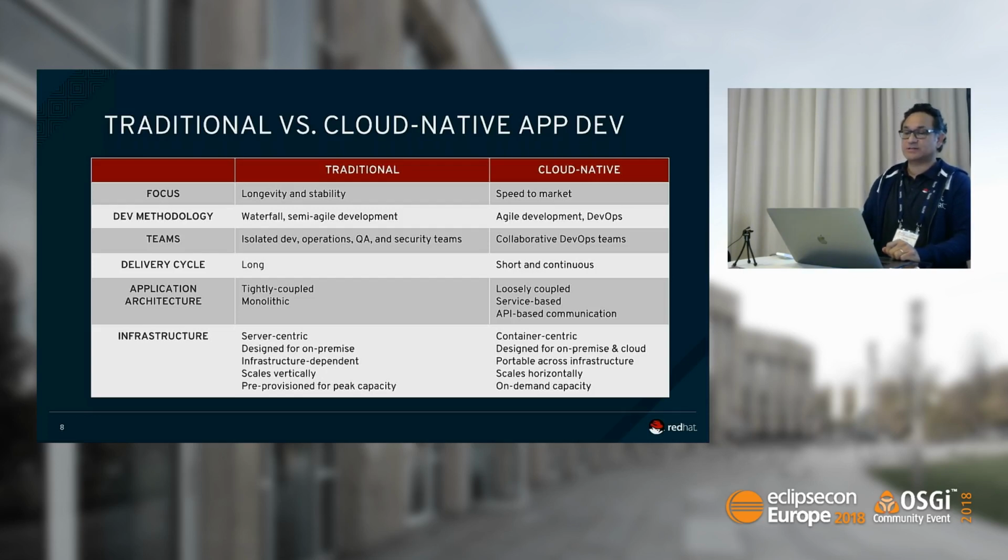The architecture is tightly coupled and monolithic in traditional app dev, whereas in cloud native it is loosely coupled, service-based, with API-based communication, which were 2 of the tenets that we covered in the previous slide. Infrastructure in traditional is server-centric, whereas in cloud native it's container-centric, with on-demand capacity that scales fast up and down.